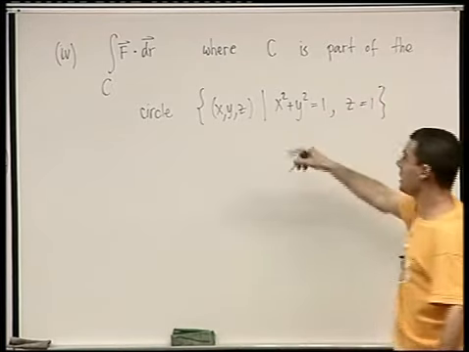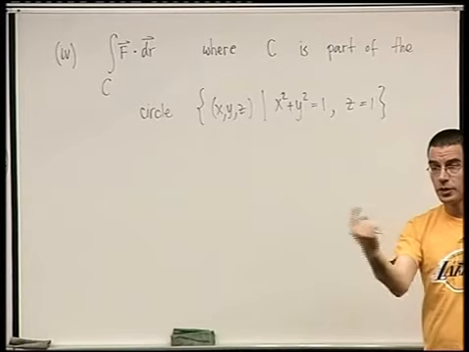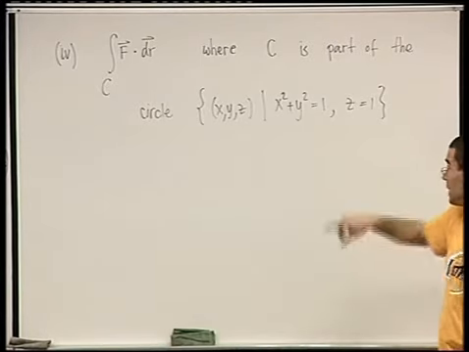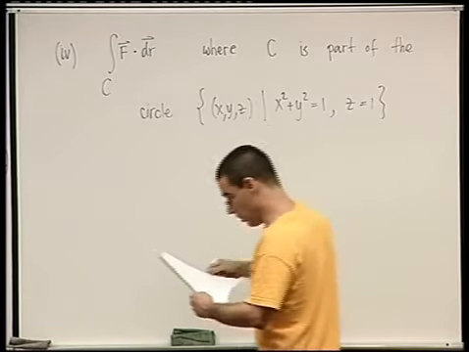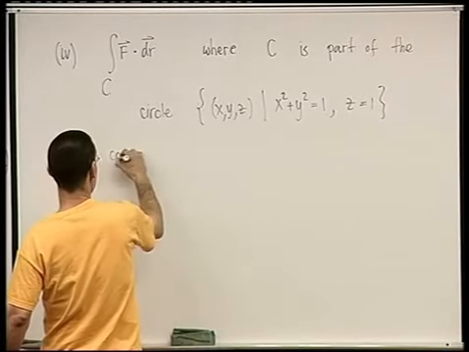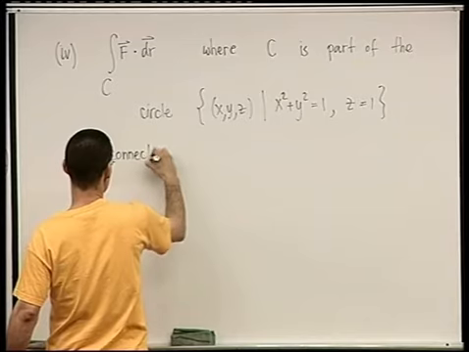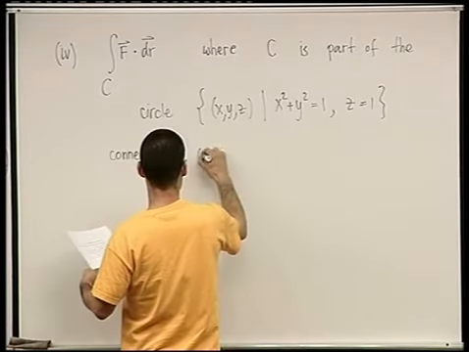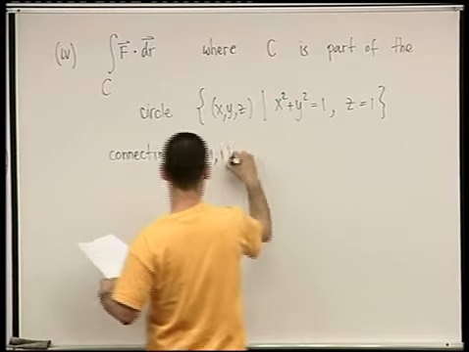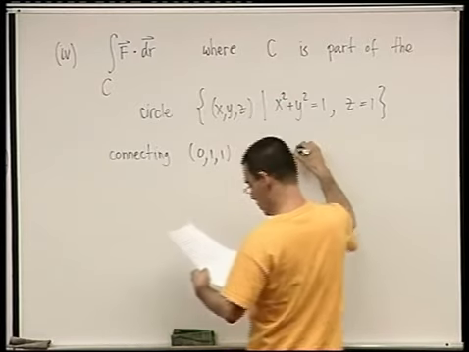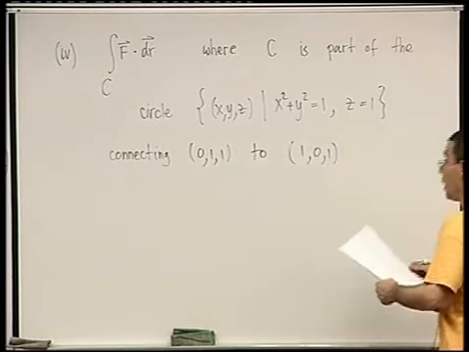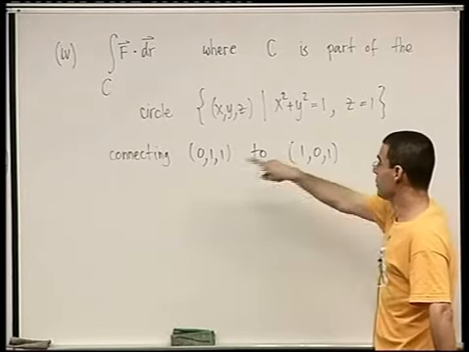So if you think for a minute, this is a unit circle sitting up there at z equals 1. Do you see that? That's what this is. And C is part of the circle connecting the 2 points (0, 1, 1), which is a point on this circle, and (1, 0, 1), which is another point on this circle. So it connects this point to this point.